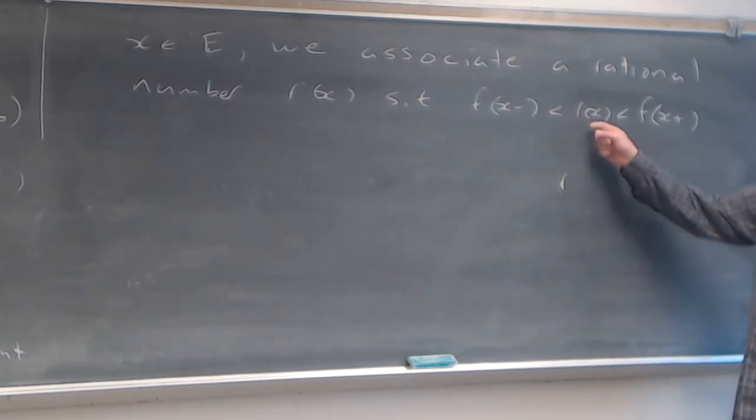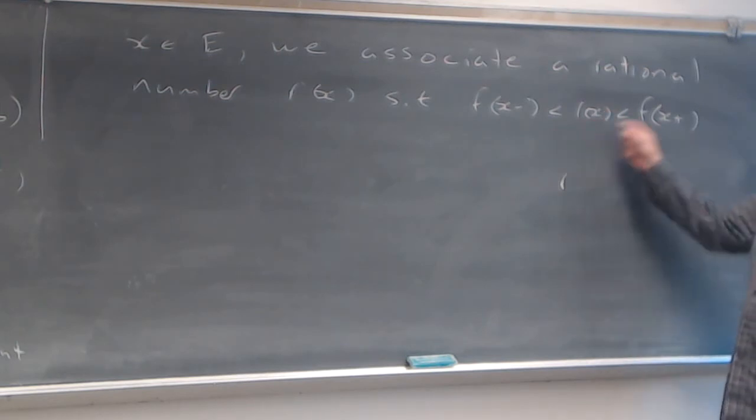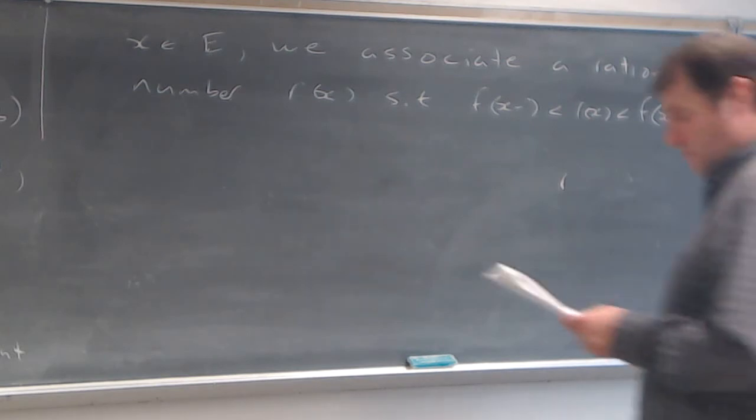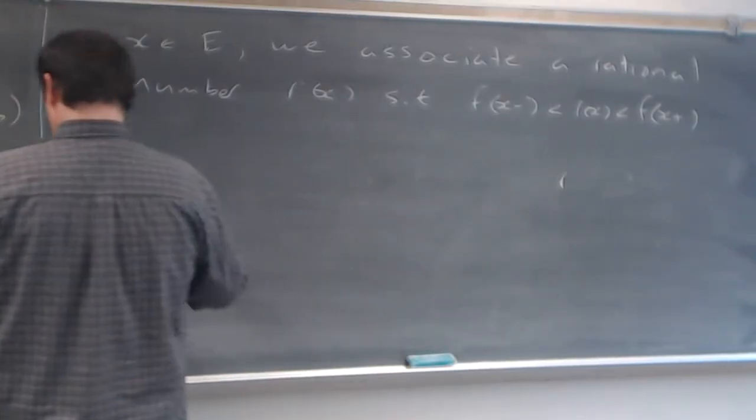And what we have shown is the set of rational numbers is dense in the real numbers, and so there exists a rational number that's in between these two distinct real numbers. So we're just picking one rational number in there.